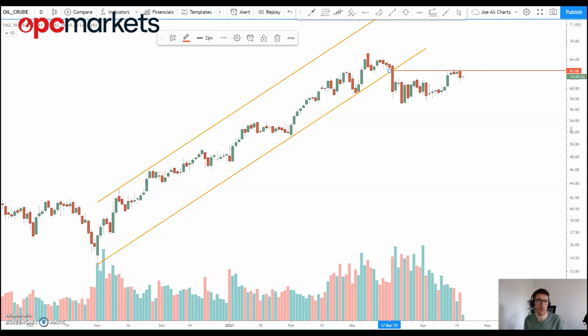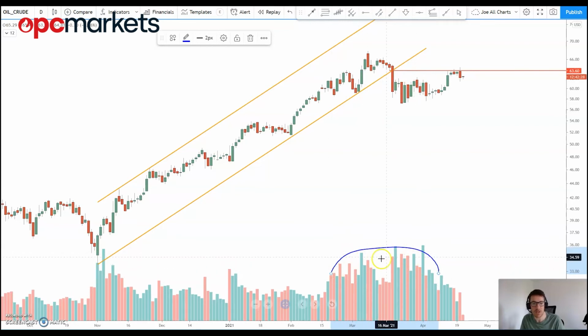The other thing that I wanted to point out on this chart, and something that I think is quite relevant, is the volume. If you look to the lower part of the chart, we've got all the volume statistics down here. As I mentioned, in this choppy phase, where the ranges are quite big, you can see that the volume was quite high. So a real indecision, if you like, but a lot of participants in the market.